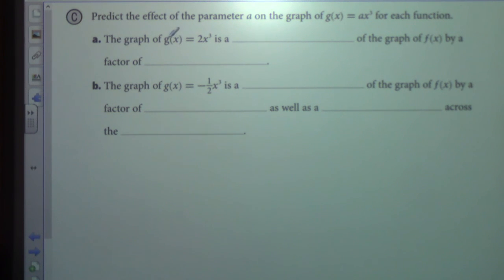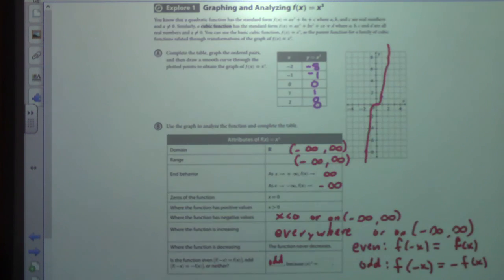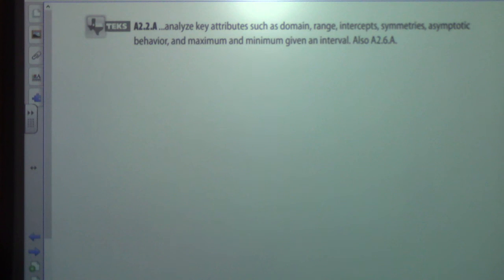So what do we call this? Okay, I talked all about this right here when we did all this, just 20 minutes ago. So what does that a do?